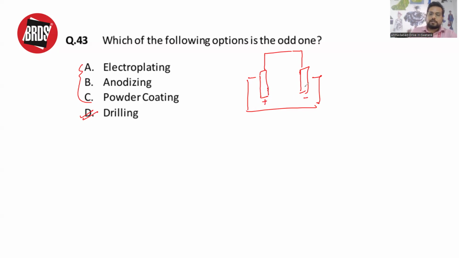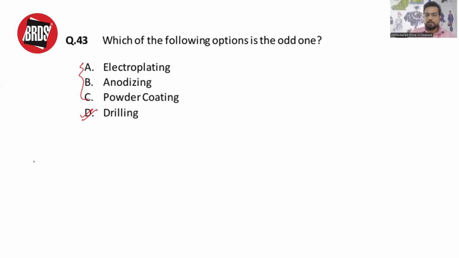These metals attract the opposite ones, and they get coated accordingly. Like if I want to coat this particular one, the metal will be coated onto the other one. That is electroplating, and anodizing is similar. Powder coating is also in the same manner. So three of them are coating methods, while drilling is different from the others, and it is a process of making a hole.